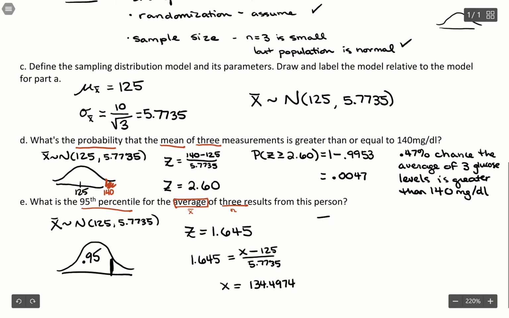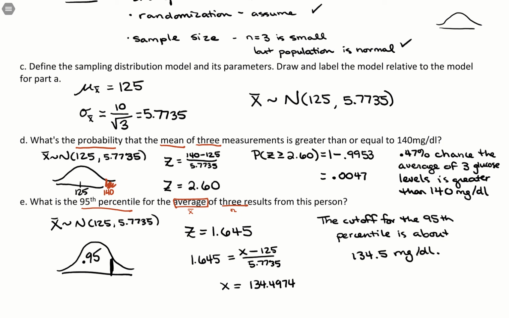So with that, the cutoff for the 95th percentile is about 134.5 milligrams per deciliter.